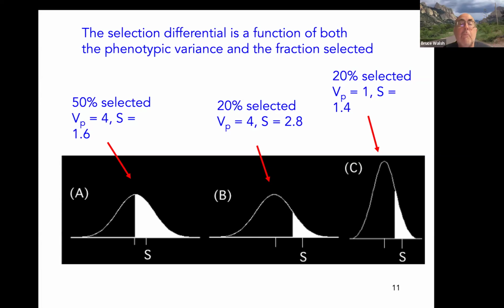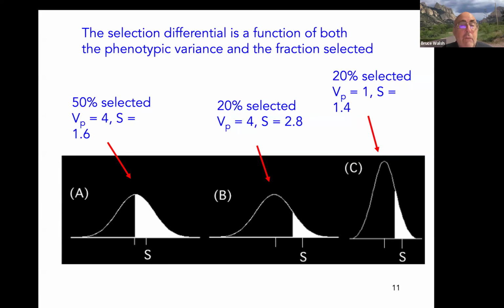I select the upper 20%, and the mean of that little wedge, S, is now 2.8. And finally, in panel C, the variance is now much smaller, it's 1. I again select the upper 20%, and now my S is 1.4. So I simply gave you 1.6, 2.8, and 1.4. You'd say, well, the selection is strongest in B, next strongest in A, and weakest in C.